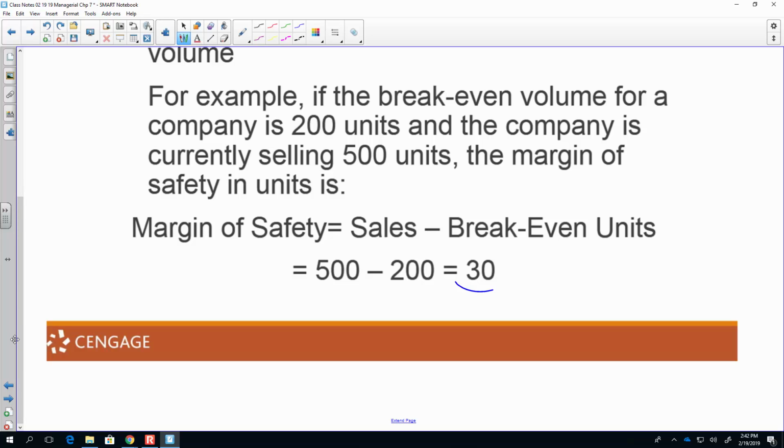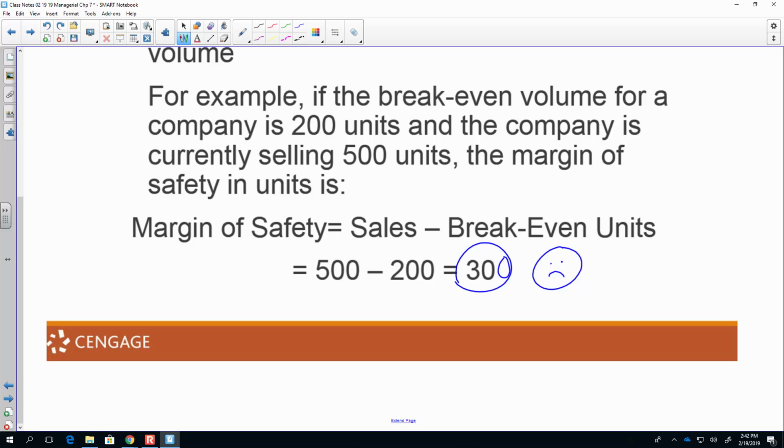So in this case, 500 minus 200 is what, guys? 300. That makes me very sad that that's wrong. 300 is our margin of safety.